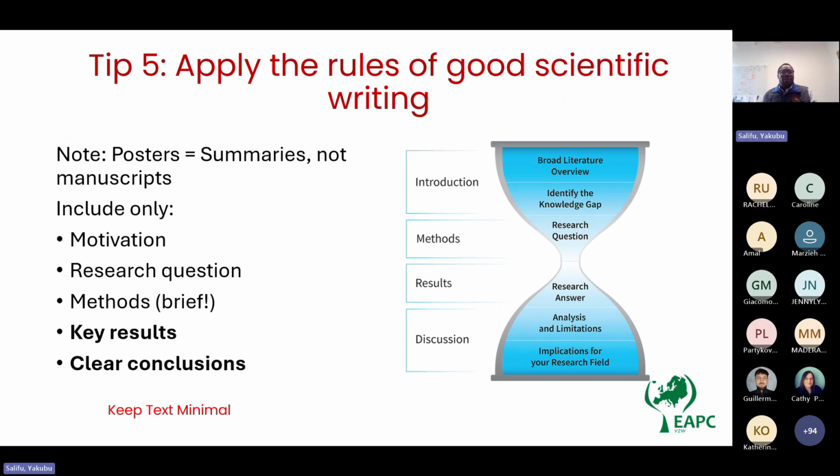The next tip is about the application of rules of good scientific writing. I wouldn't stress too much on this, because by the time you are invited for a poster, your abstract has already undergone review. So the reviewers or the panels appreciate the fact that it's good enough writing to present at a conference.